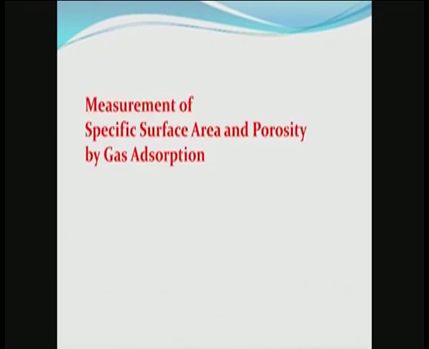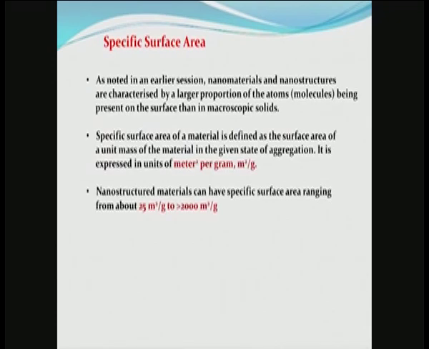Finally, we come to the analysis of another aspect of nanomaterials, namely to measure the specific surface area and the porosity by gas adsorption. Now, specific surface area: as we have noted in an earlier session, nanomaterials and nanostructures are characterized by a larger proportion of the atoms or molecules being on the surface, that is, a larger fraction than in macroscopic materials.